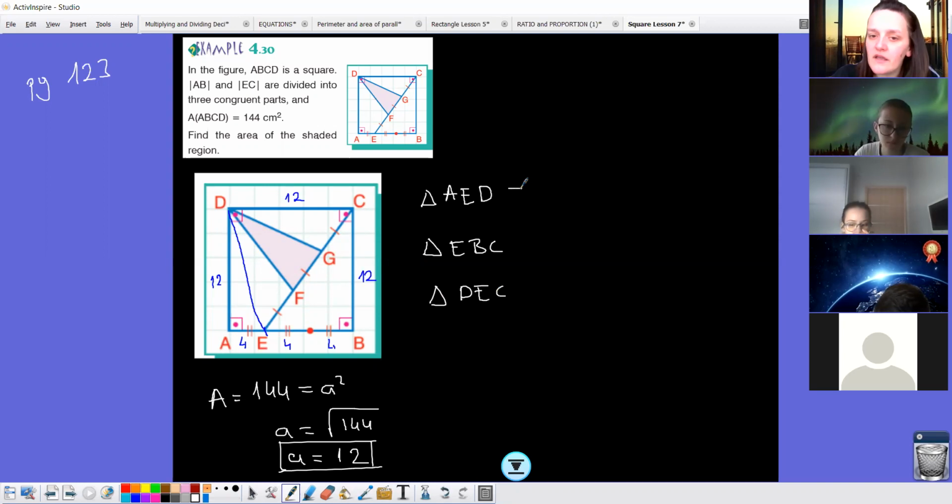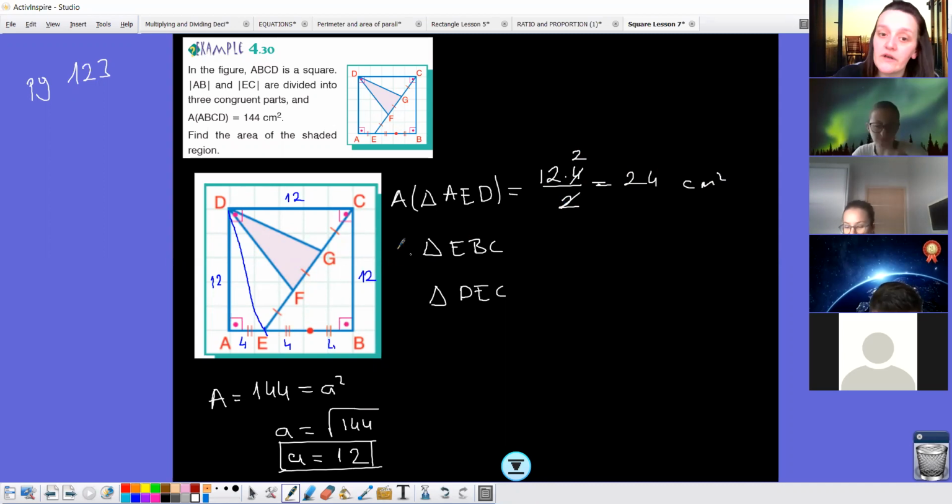Can I find the area of triangle AED? It's very easy: 4 times 12 over 2, which is 48 over 2, so it will be 24 centimeters square.